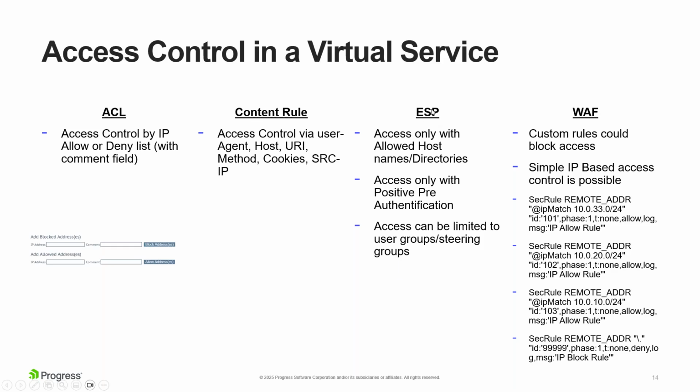Another option to limit access would be ESP. So the ESP engine is coming with Enterprise level. So that's why I had those other two before. So this is standard. This is coming with Enterprise. You can use ESP not only for pre-authentication, but also for security purposes.